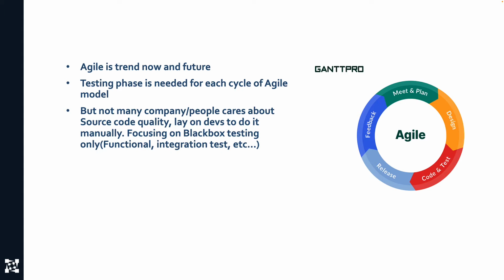But as you know, mostly in the testing phase of agile, people now care about black box testing, like functional tests, post-release tests, and integration tests, more than source code quality testing.